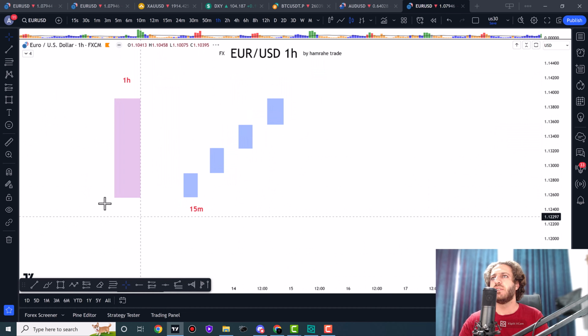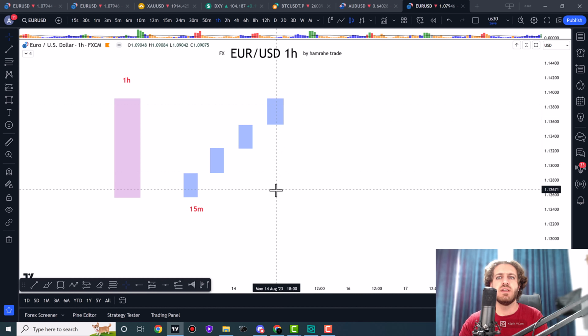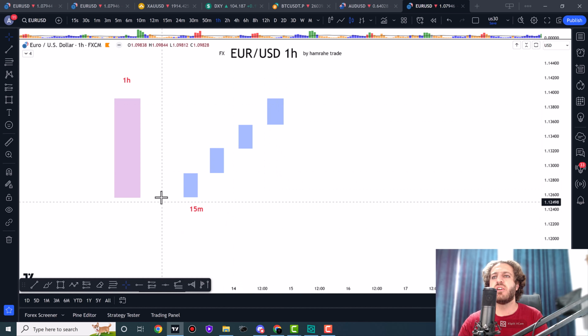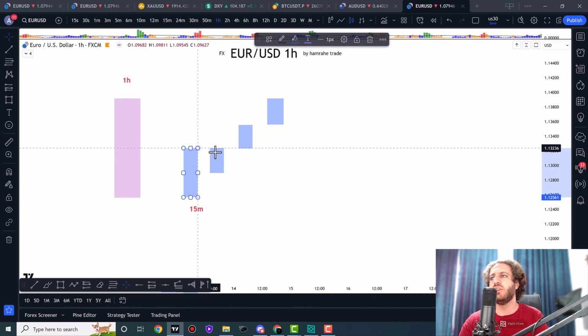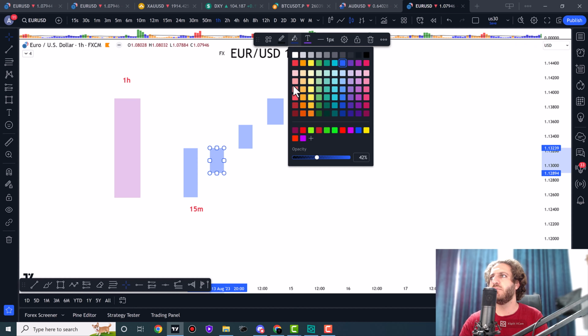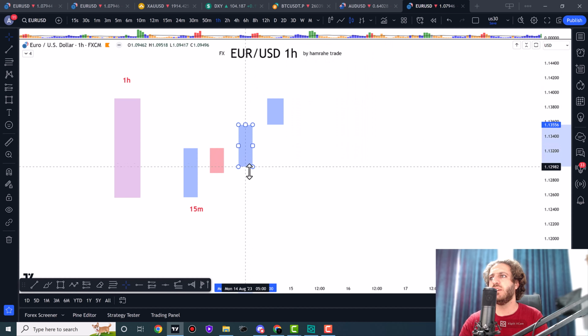And the 1 hour candlestick consists of four 15 minute candlesticks. They are not necessarily 1/4 of the 1 hour candlestick. They can be bigger and smaller. For example, this candlestick can be from here to here, this candlestick can be a red candlestick to here, and this candlestick can be from here to here.